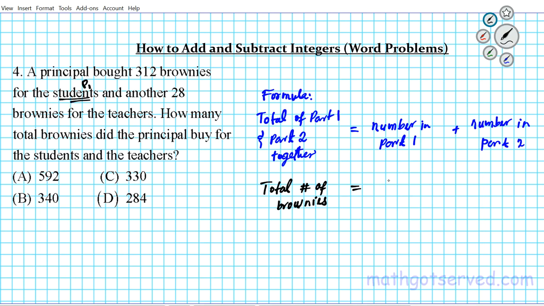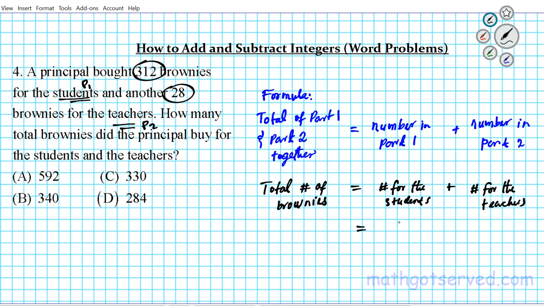Let's call that P1, the number for the students, plus part 2, which is the teachers. The number for the teachers, we're going to call that P2, okay? So P1 for the students, P2 for the teachers, and we're going to put it into this formula right now.